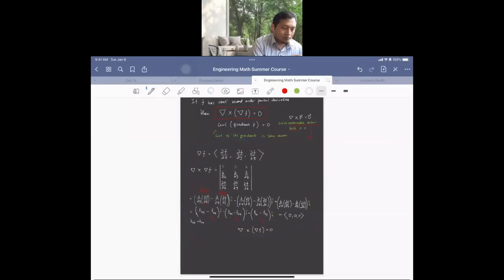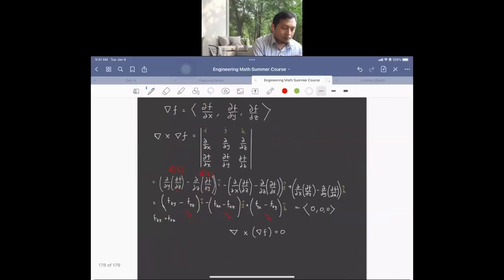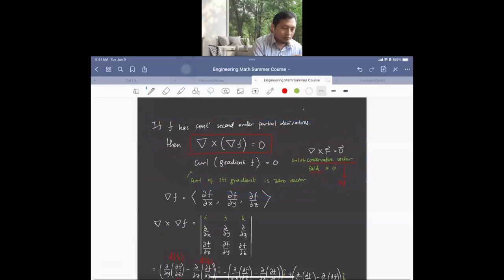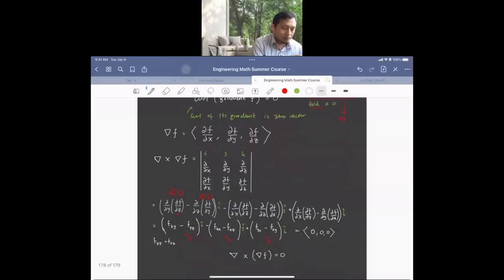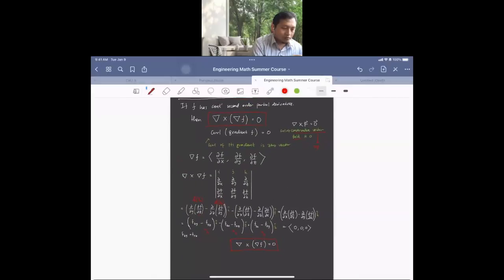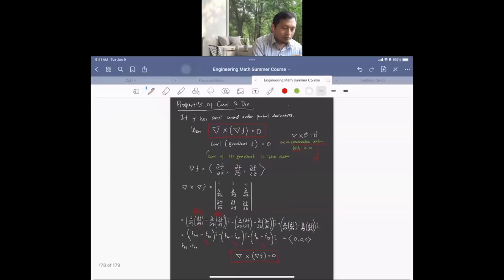So this is the first property, the properties of curl and divergence. So we prove that del cross del f is 0.